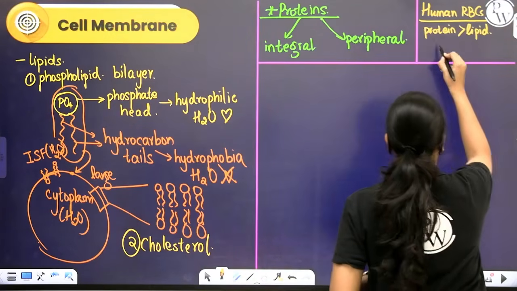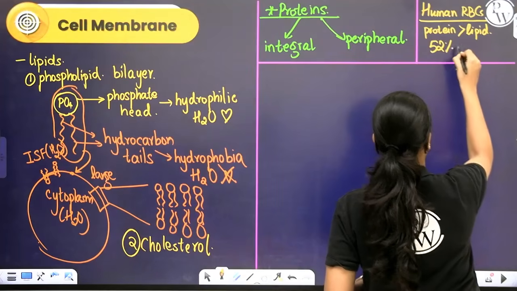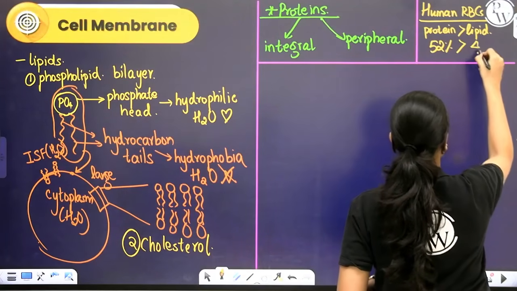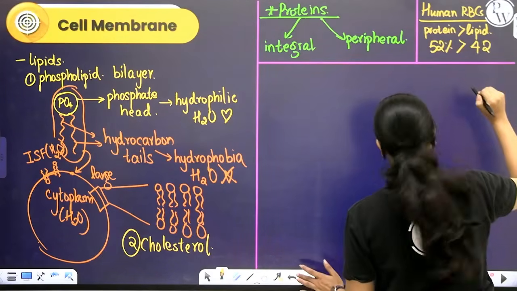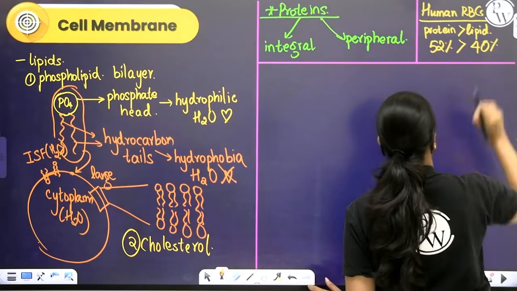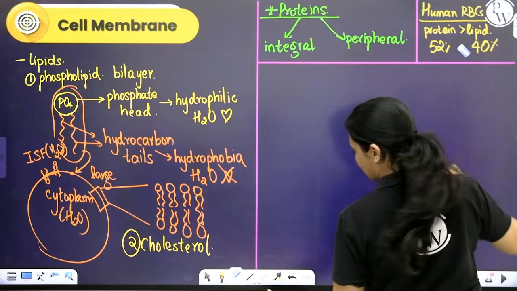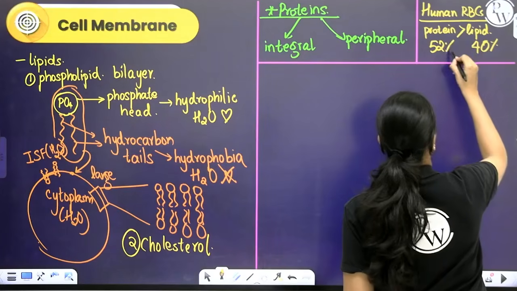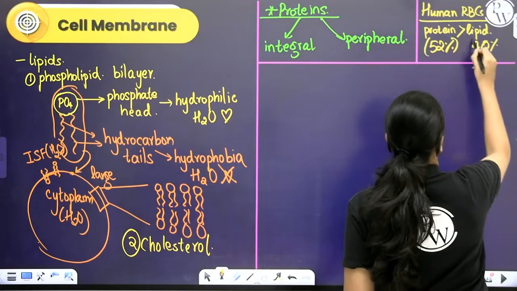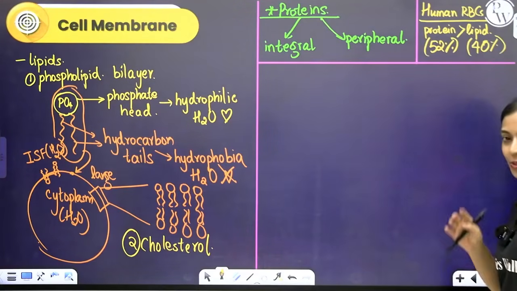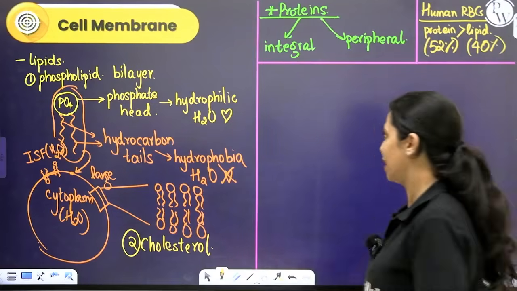The protein is about 52% while the lipid is just 40%. That varies from cell to cell.